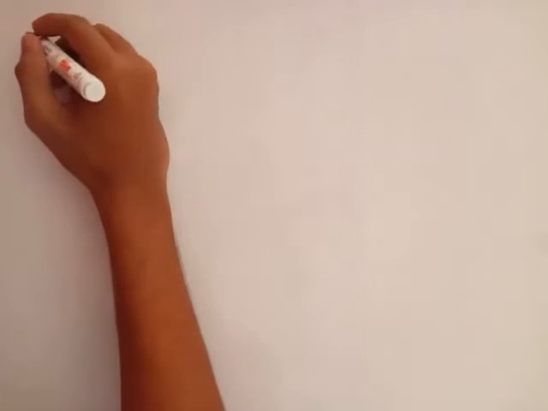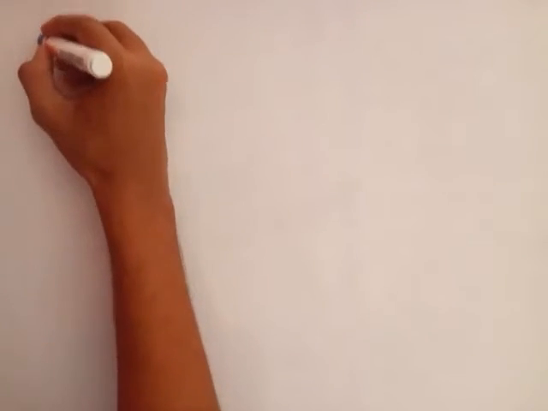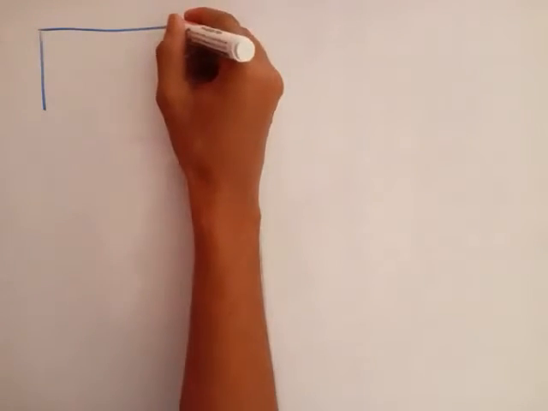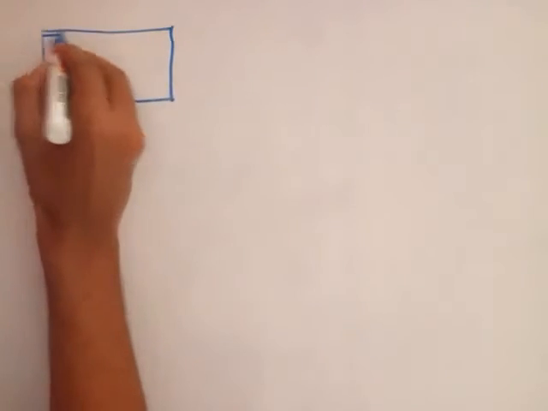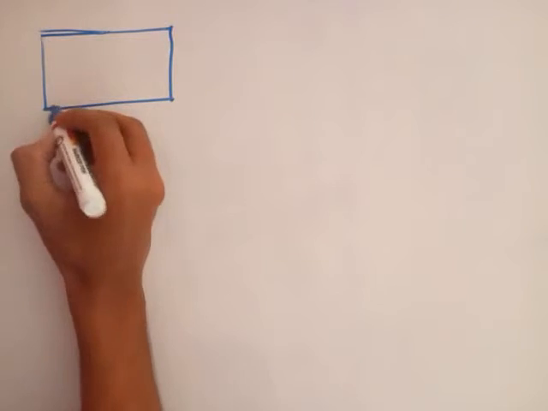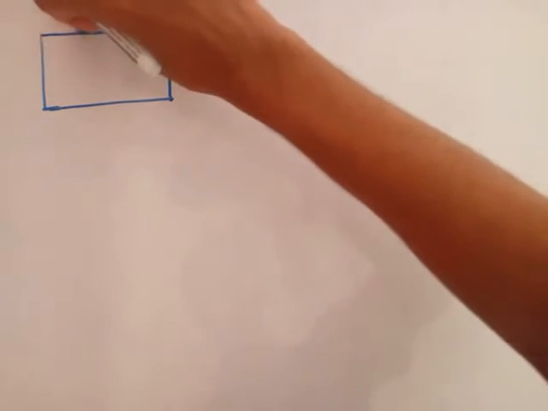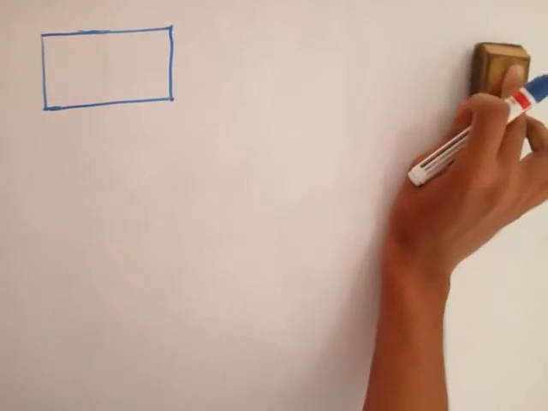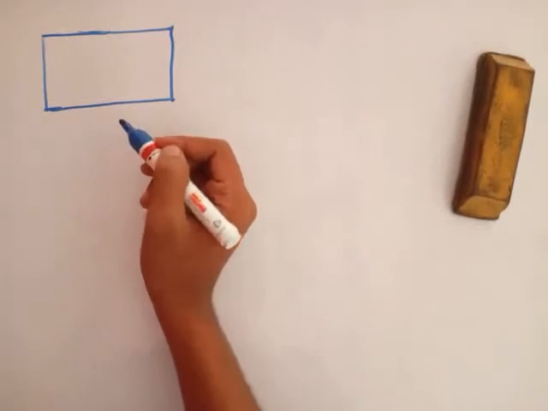So let's say you're working in some industry and you have a piece of cardboard. It's a rectangular piece of cardboard. Excuse my drawing, but you have this piece of cardboard and there's a constraint on it.